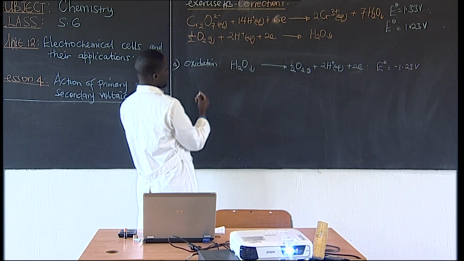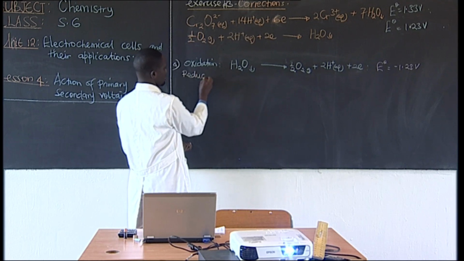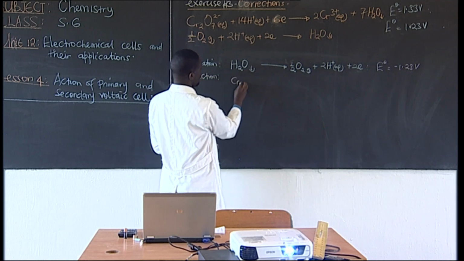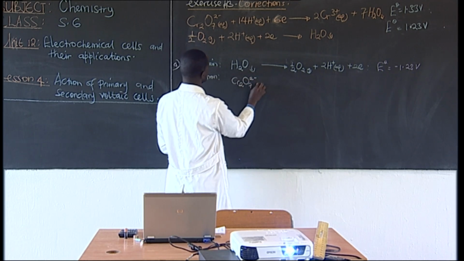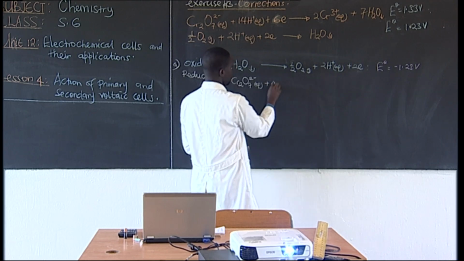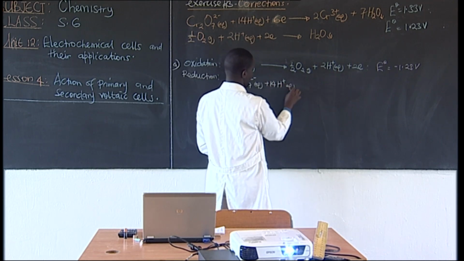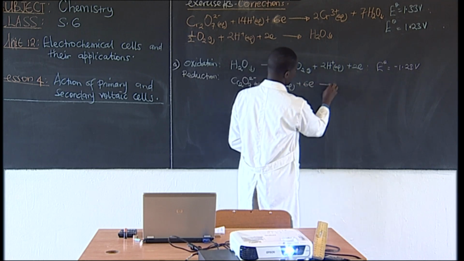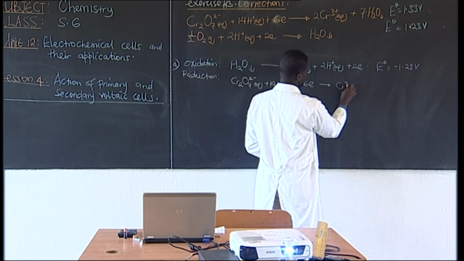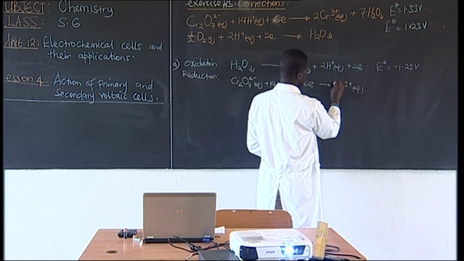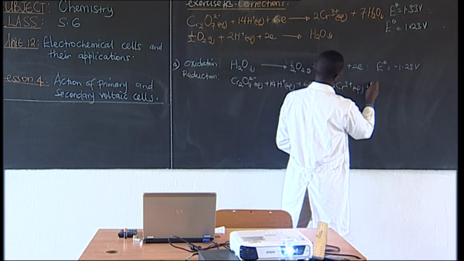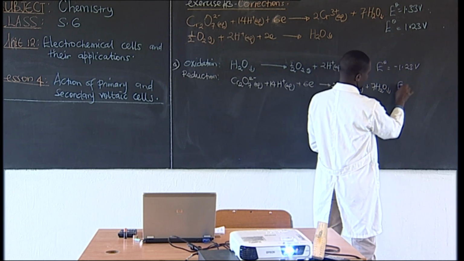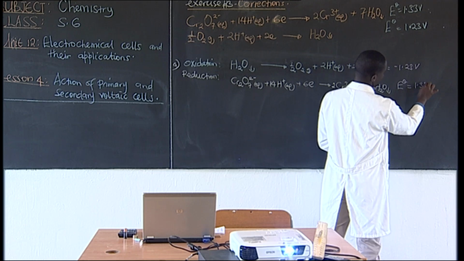And on the side of reduction, we shall maintain it the way it is. We shall have the dichromate, Cr2O7 2-, and the 14 hydrogen ions, then 6 electrons, giving us the chromium-3 ions, 2 Cr3+, plus 7 water. This we can maintain its potential as 1.33 volts.